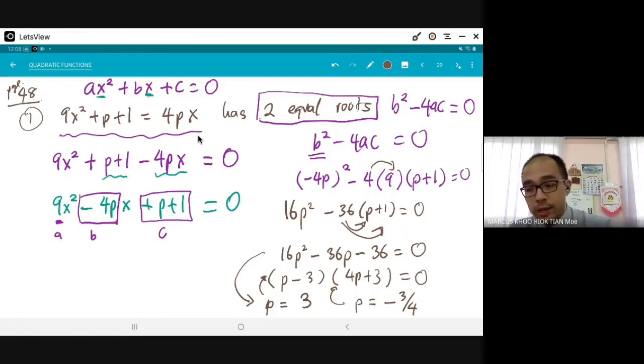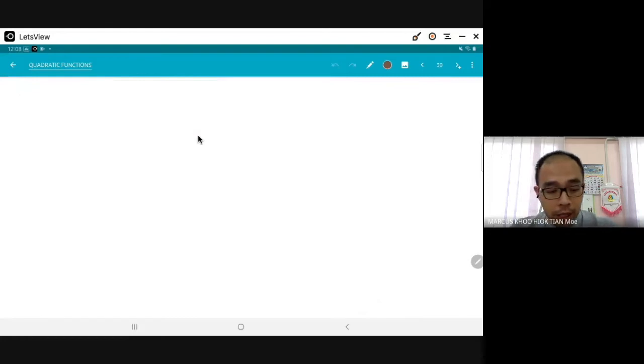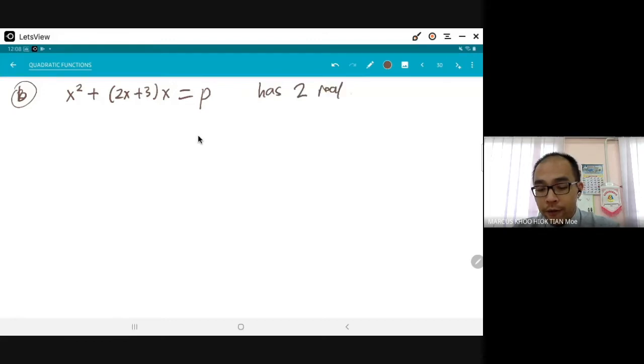So ini cara pertama. Okay, kedua, sorry, question B ya, question B. Okay, kamu diberi X squared plus 2X plus 3X sama dengan P. Then dia cakap has 2 real and different roots.